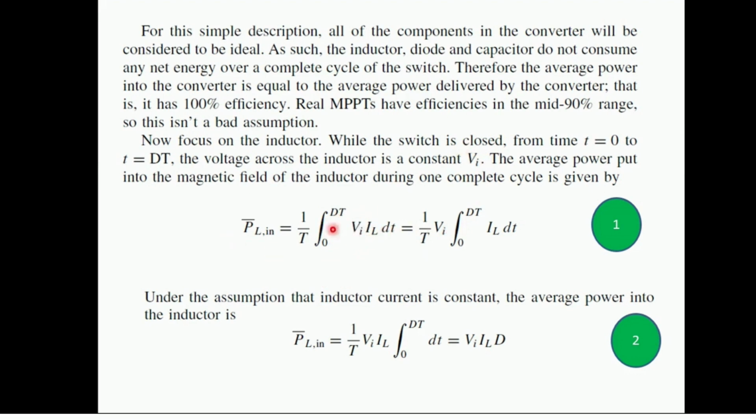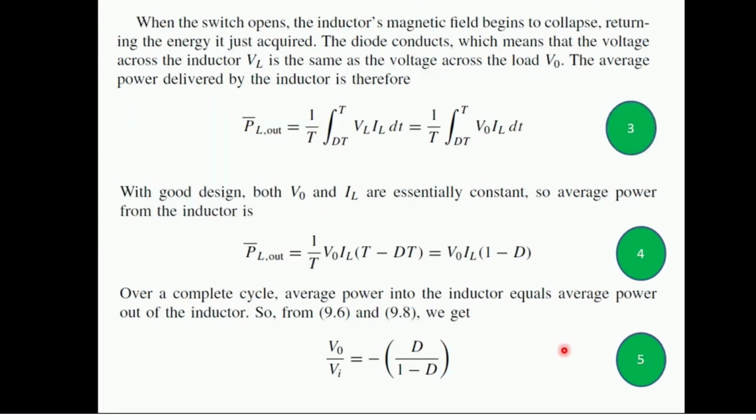So Vi is constant, and IL is constantly rising current with time. Under these assumptions, at a particular instant the current is assumed constant, so the average power into the inductor is Vi IL into D, where D is nothing but the duty cycle.